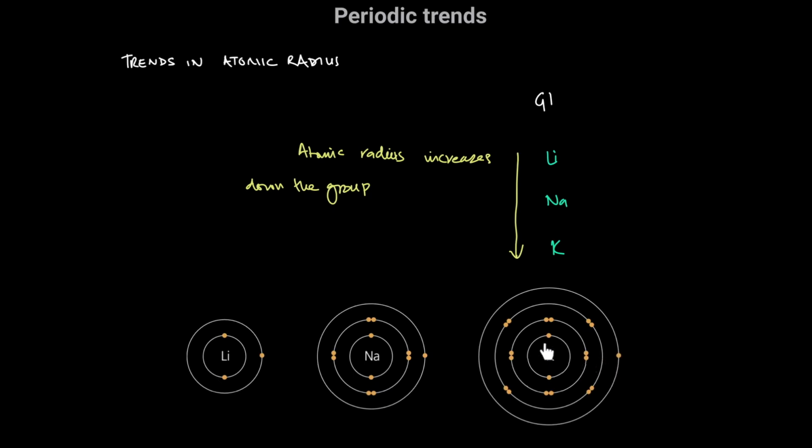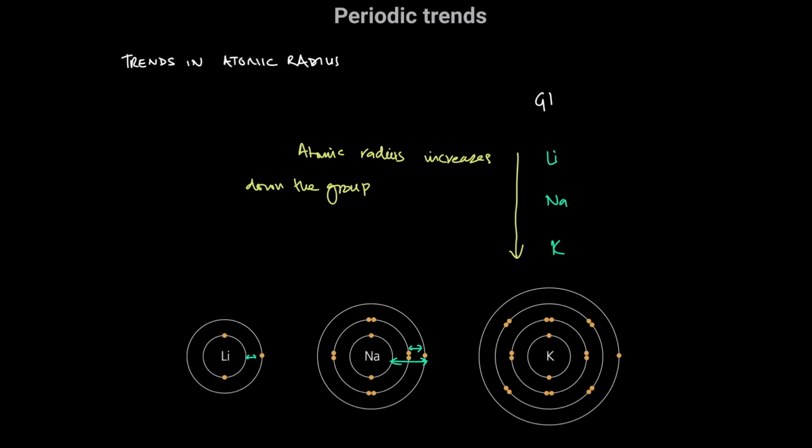And secondly, because the number of shells is increasing, remember, outer electrons are repelled by all the inner electrons. In lithium, the outer electron is repelled by these 2 inner electrons, which is trying to push the electron further away from the nucleus. Whereas in sodium, this outer electron is repelled by the second shell as well as the first shell.